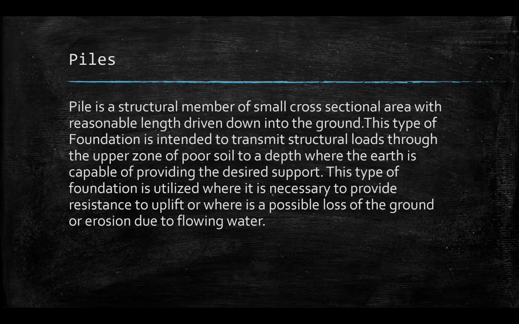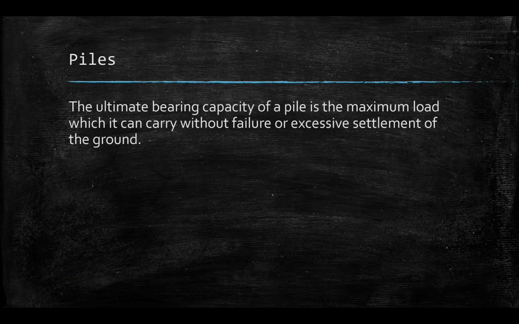Okay? So, pile foundations may be classified based on materials used. So, yung pile foundation can be concrete piles, steel piles, and timber piles. And so, the ultimate bearing capacity of a pile is the maximum load which it can carry without failure or excessive settlement of the ground.